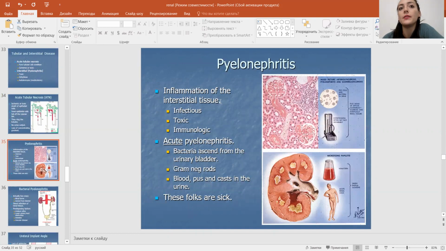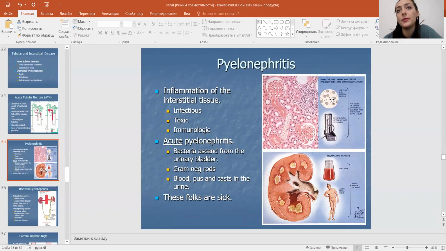Pyelonephritis, inflammation of the interstitial tissue, infectious, maybe an etiologic factor or toxic or immunologic. Acute pyelonephritis, bacteria stem from the urinary bladder, gram-negative rods, blood, pus, and casts in the urine. These folks are sick.